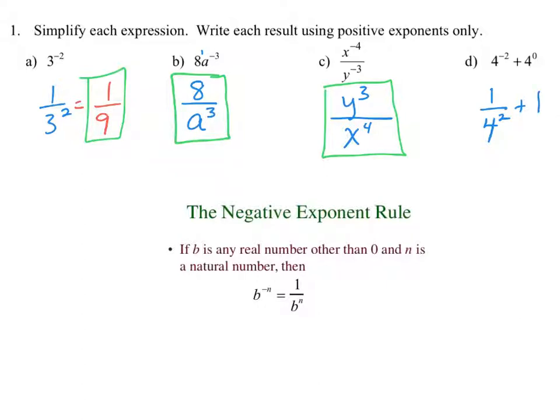We can rewrite this as 1 over 4 to the second power, which is 1 over 16, plus 1. You can add those together by getting a common denominator. You can write 1 as 16 over 16. Then you can add those fractions together because you have the same denominator, so our result is 17 over 16.